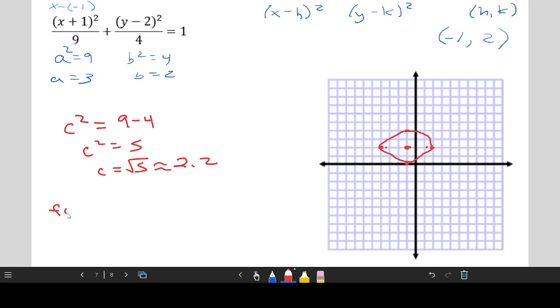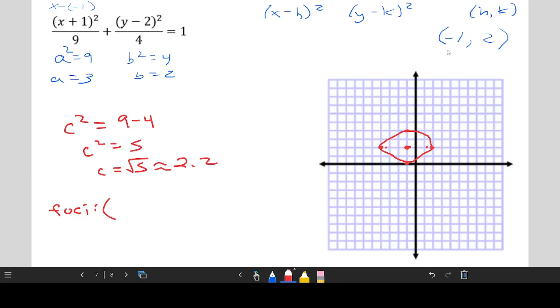Now, if you're writing down the exact values of the coordinates for each focus, you're going to need to use the square root of 5 if you're writing down the exact value. And so it's a little more challenging when the center is not 0, 0, but we can work with that. We started at the center, which has an x value of negative 1.